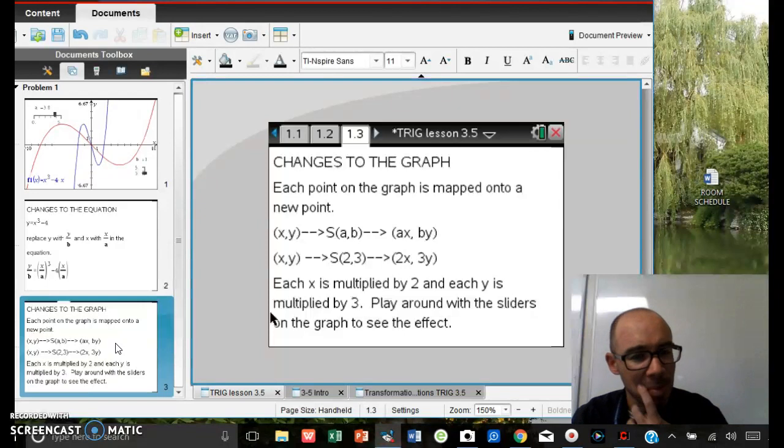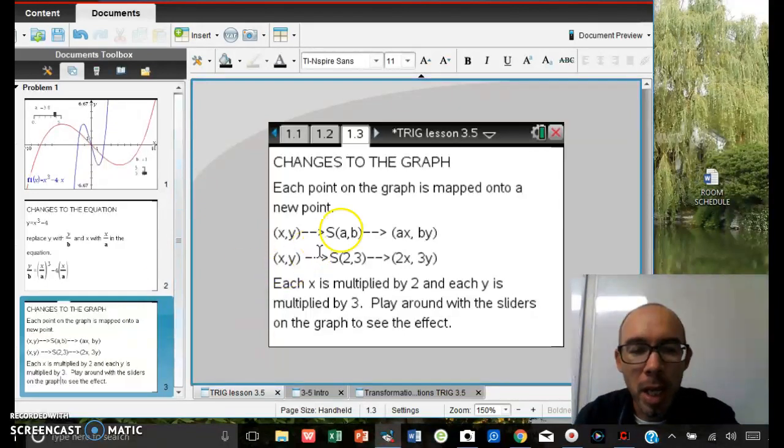Each point on the graph gets mapped onto a new point by going through whatever that scale change is. So this would double everything in the x direction and triple everything in the y direction, because A goes with x and B goes with y. Each x is multiplied by 2, and each y would be multiplied by 3, and then it gets mapped onto a new place on the graph.